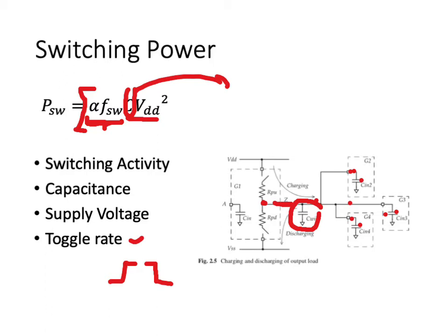What is the probability that the individual node stays at logic high? And FSW, this parameter here, is the clock frequency, and the combination of alpha FSW is the toggle rate, which gives us the number of rise and fall transitions, because power is consumed on every rise and every fall transition. So the toggle rate gives us the number of rise and fall transitions per unit time.